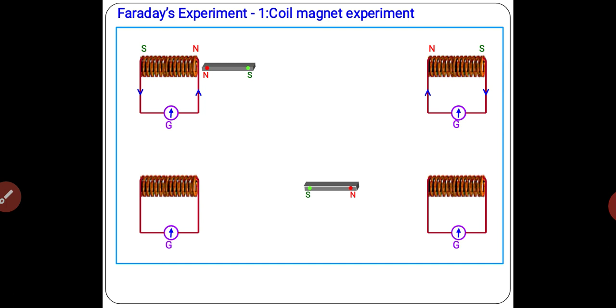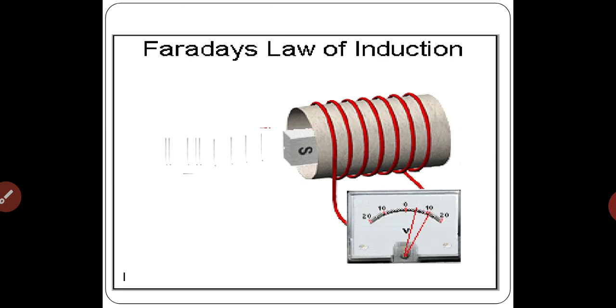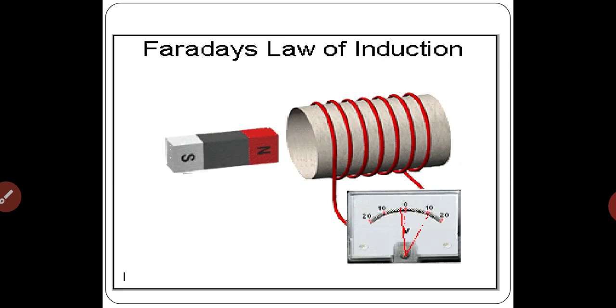Similarly, when we move the south pole of the magnet towards the coil, the galvanometer shows deflection in the opposite direction, that is to the left hand side. Here one more explanation.